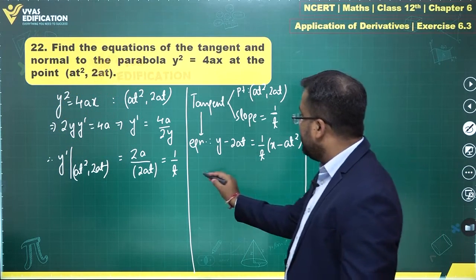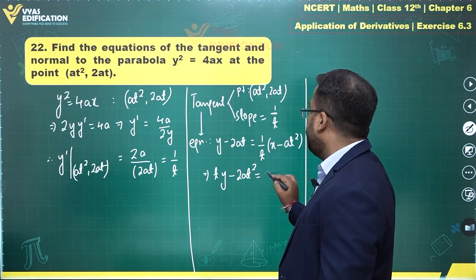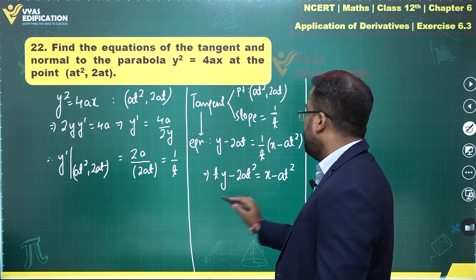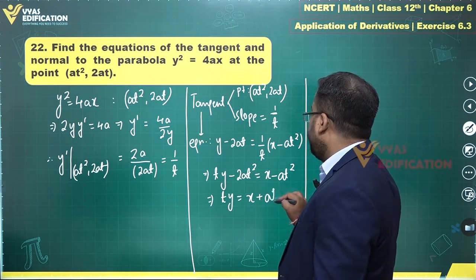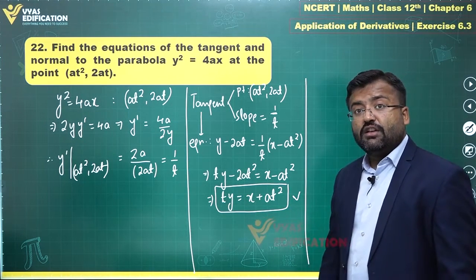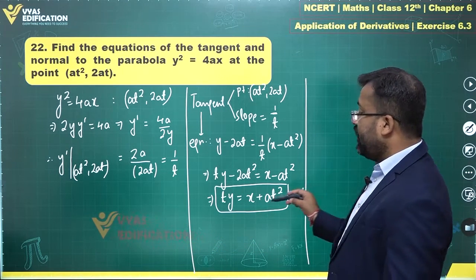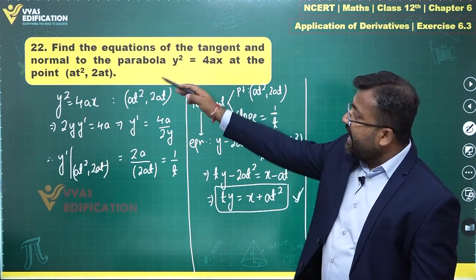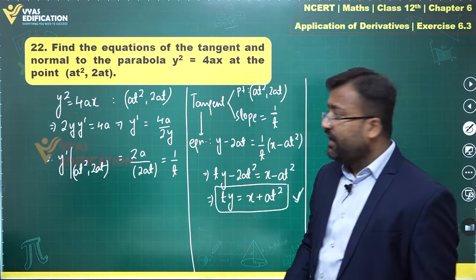Let's multiply by t: ty − 2at² = x − at². This further tells me ty = x + at², a very, very important equation from the chapter conic sections. Once again, this is the equation of tangent for this parabola at this parametric point (at², 2at). This is something which you can remember.